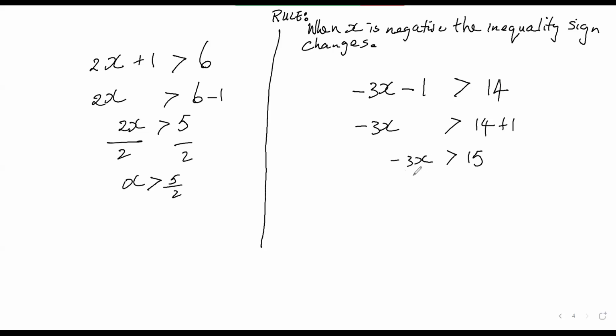But the x is negative. So what I have to do is divide by negative 3. Now, once I'm dividing by negative 3, because my x is negative, the sign will change. So now x is less than negative 5. 3 into 3, 1. 3 into 15, 5. Negative 5.